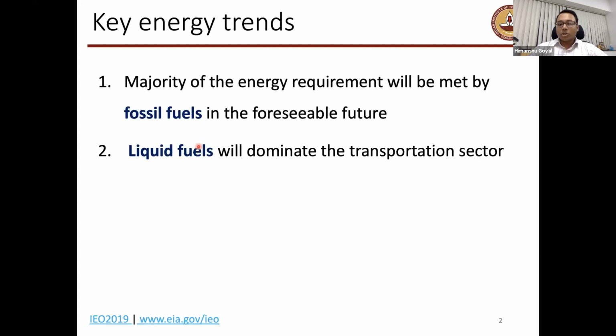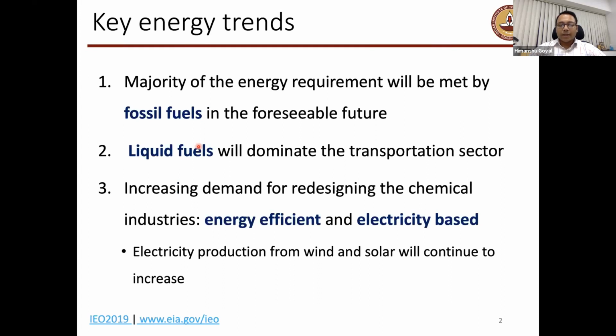Still, a majority of it is going to require energy dense liquid fuels for running. And third, the major consumer of the power we consume globally is the chemical industry. So we need to make this chemical industry more energy efficient, as well as replace some of the fossil fuel based processes with electricity, because we are having more and more electricity from wind and solar. So these are some of the key energy trends I have found.